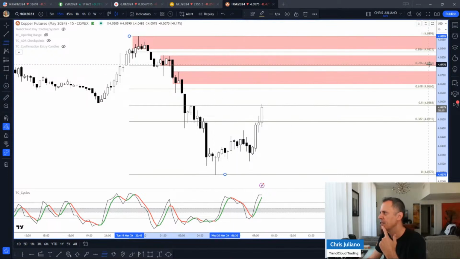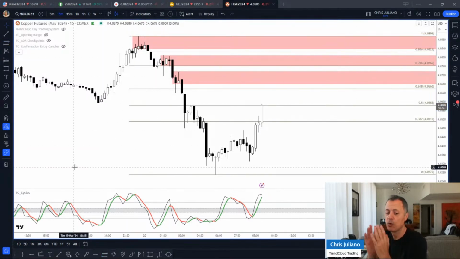And we've got the 786 and the 886 sort of outlining this right here. Those are usually levels of trend reversal. So that's one way that you can use your Fibonacci retracement tool. That's this one right here.